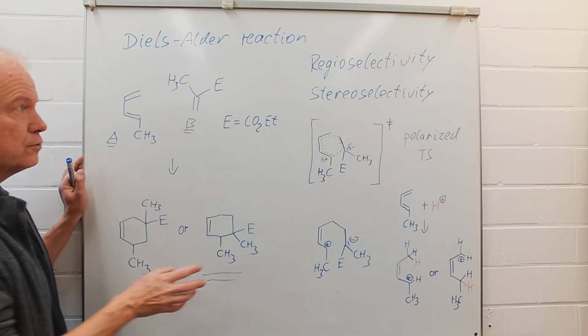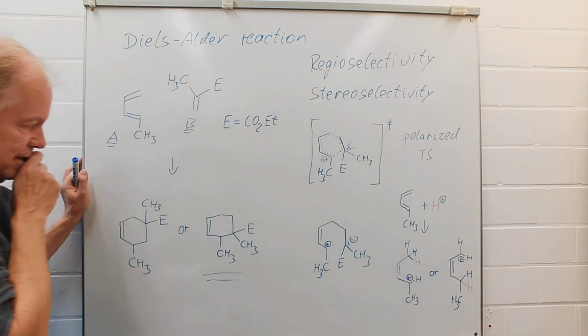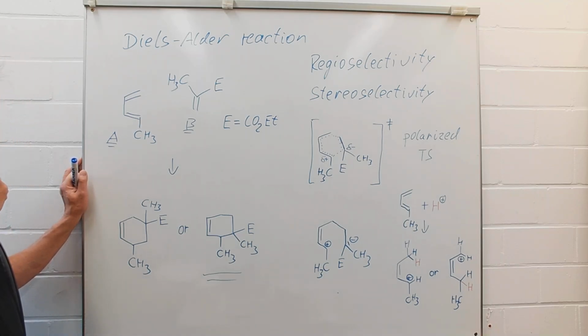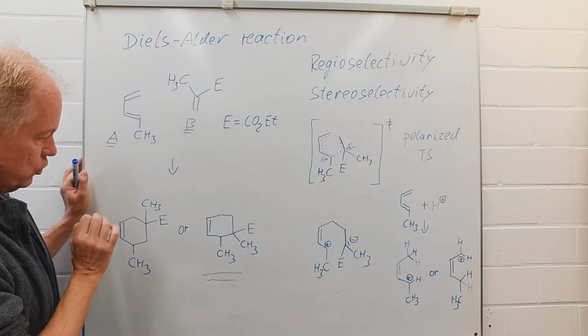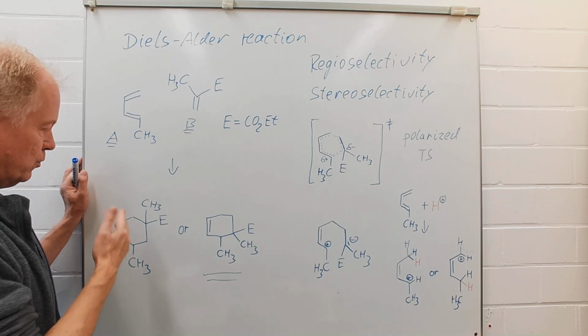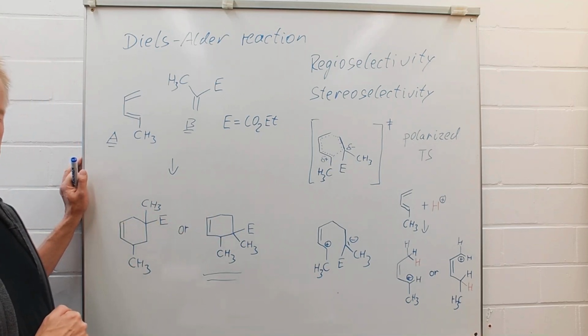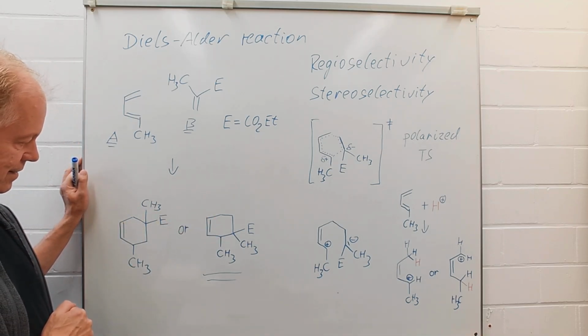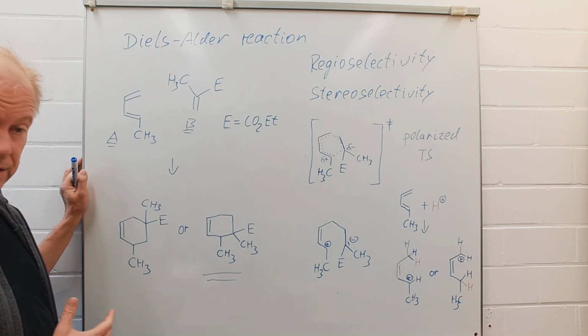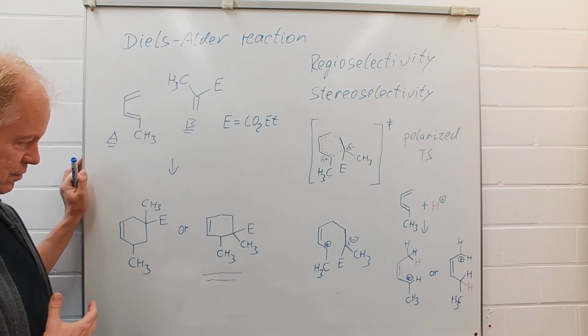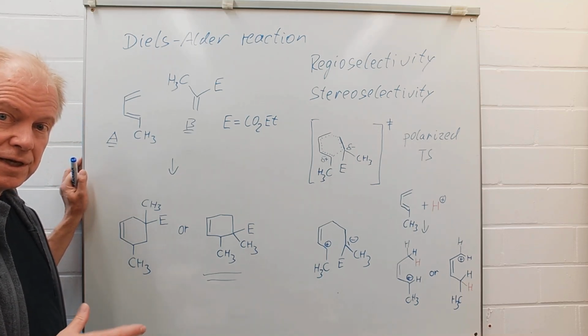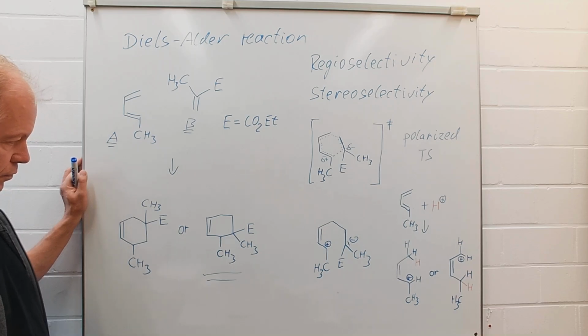Now we will concentrate on the regioselectivity. Well, we could just guess which of those two products is the one that is energetically favored at the end of the process.